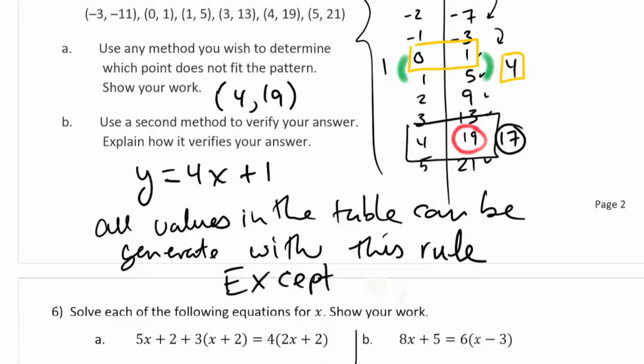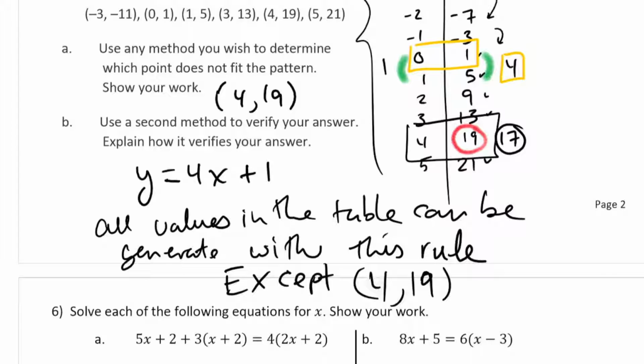I'm having an issue here. It keeps grabbing this invisible 419. 419 does not work, right? 4 should have gone to 17, not 419. But you can see if I grab any one of those x's, multiply it by 4 and add 1, I'm going to get the corresponding y value, except for that one.